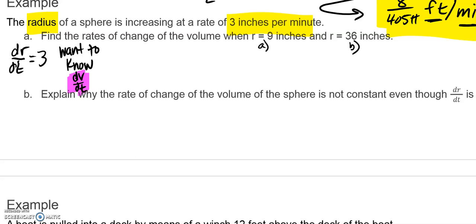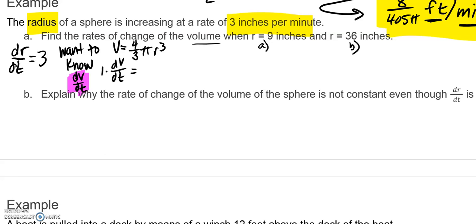Since it's the rate of change of the volume of a sphere, that is the equation we're going to be using that relates the change in the radius and change in volume. So it's going to be 4/3 pi r cubed. And then when we differentiate that, it's dV over dt, because it's with respect to time. And the derivative of just V is 1, so you could put a 1 times that there.